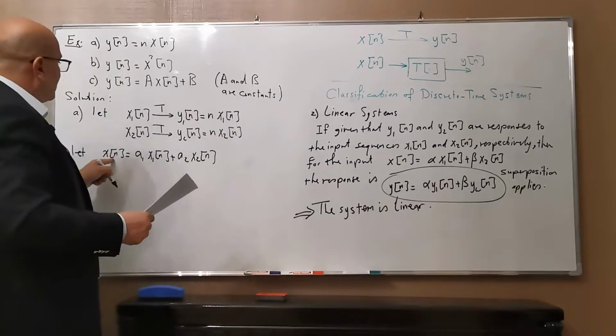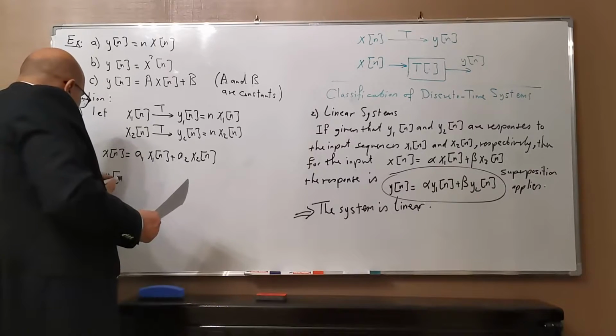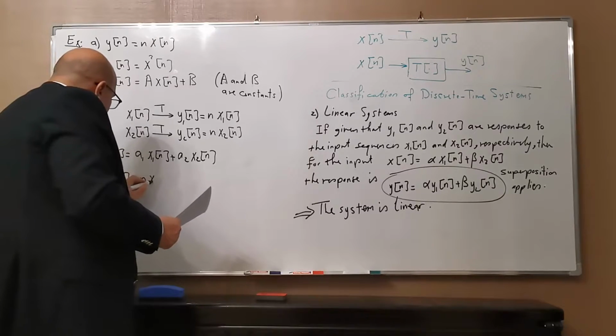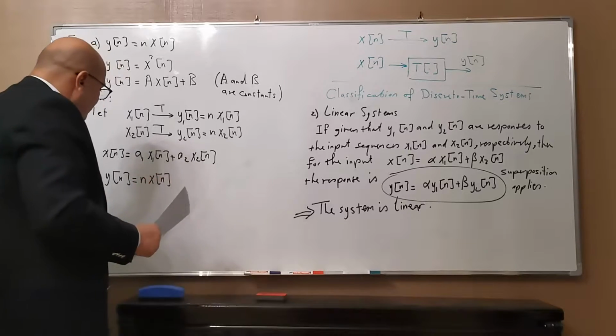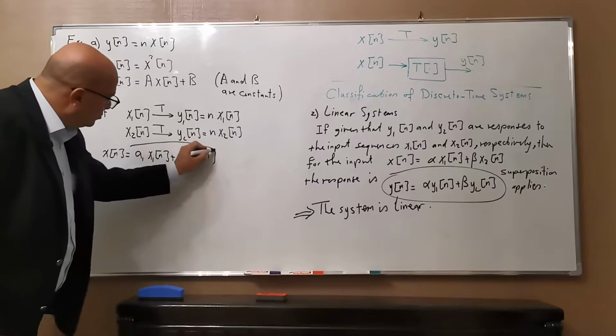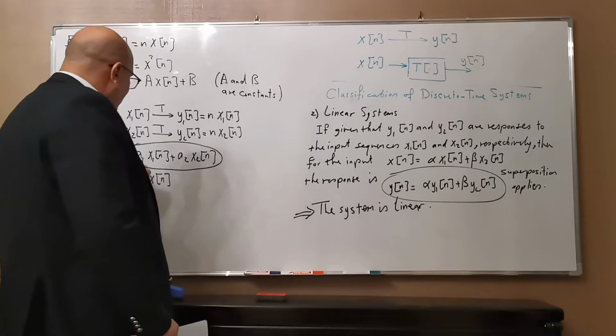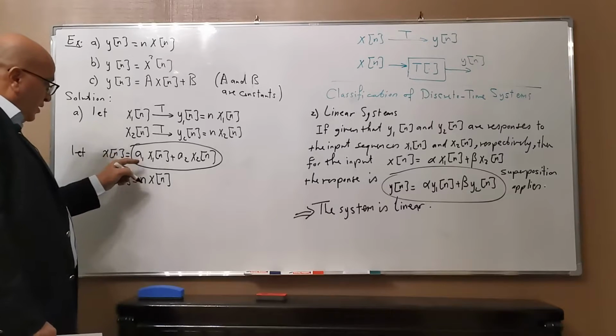Let's apply x of n to the system and see that y of n is equal to n x of n. Now, what is x of n? X of n here is those two. So this is my x of n, and I'm going to substitute it here.